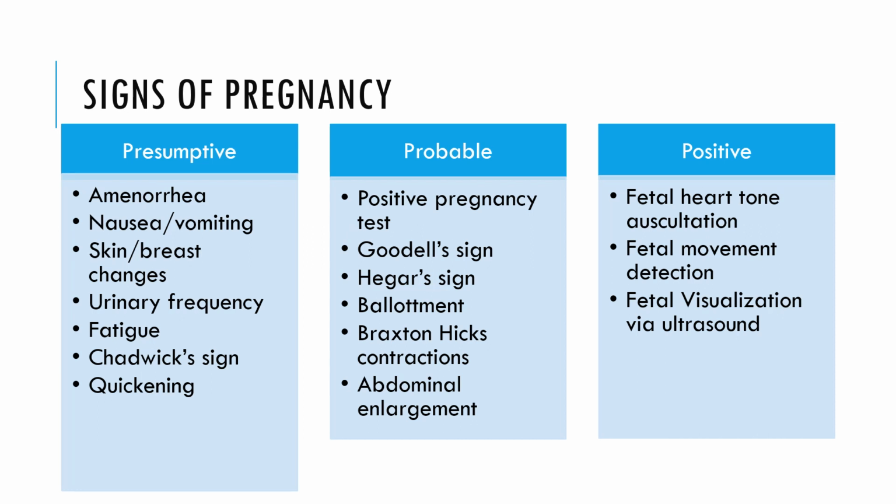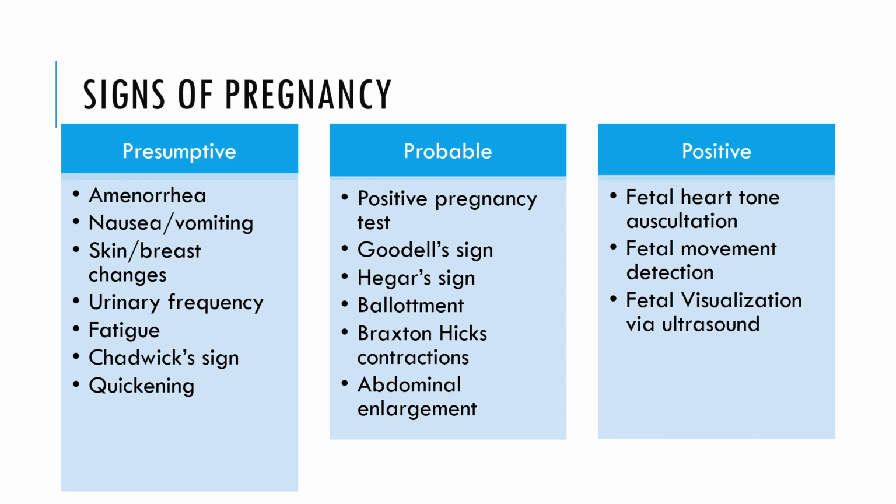Ballottement would be where, if there's a fetus in there, if you were to tap the cervix during the exam, that fetus would kind of float away from its position and then kind of rebound back. So that movement is what's known as ballottement.